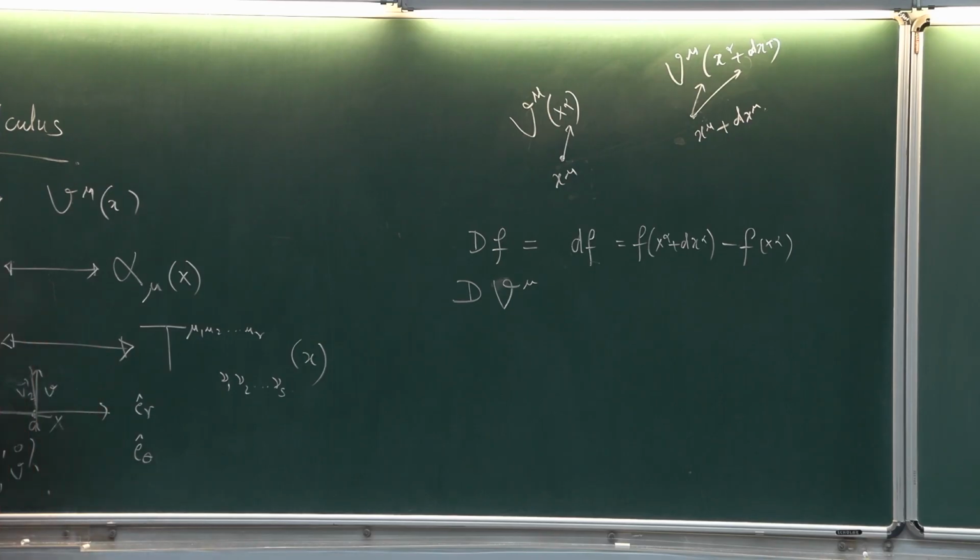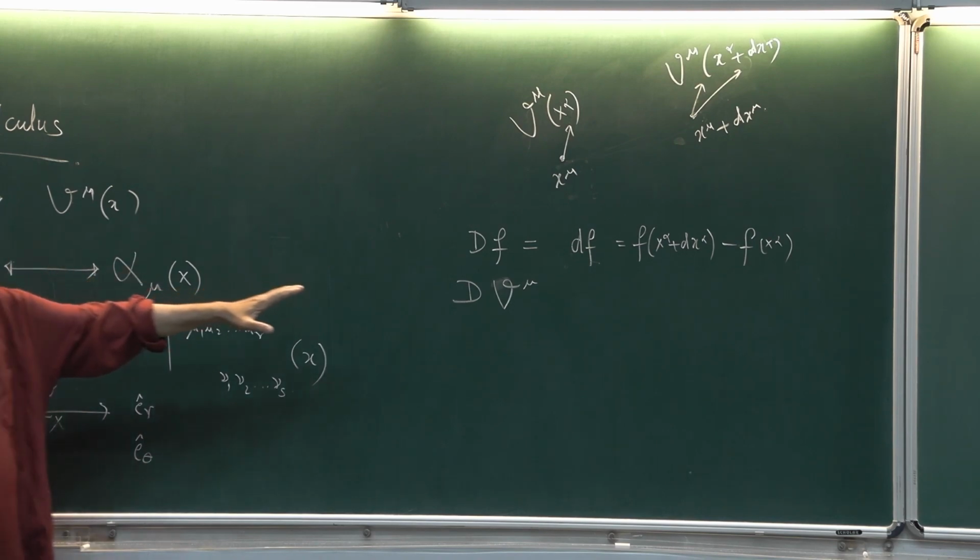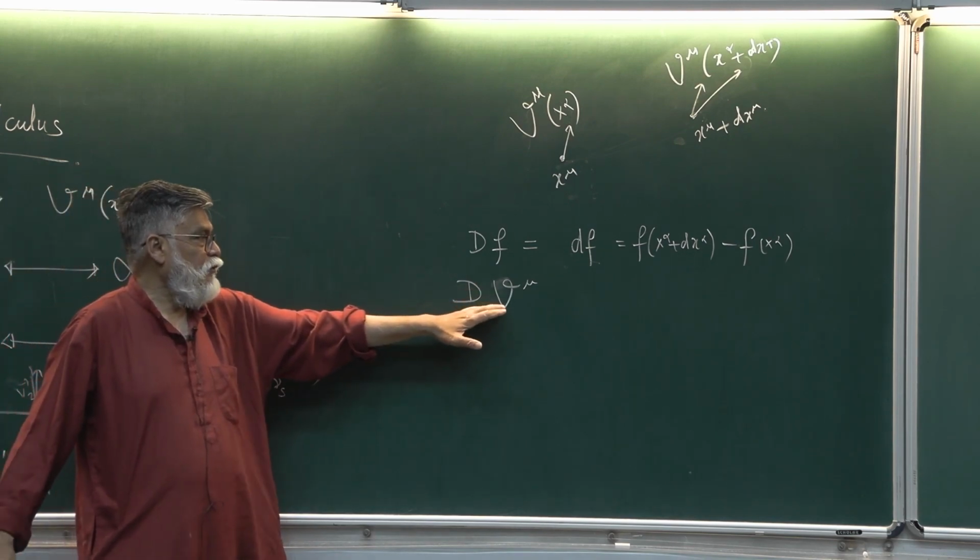But in order to compare a vector belonging to TPM and a vector belonging to TQM, I have to have a notion of parallel transporting a vector here and putting it here. And then after parallel transporting the vector, now I take the difference.